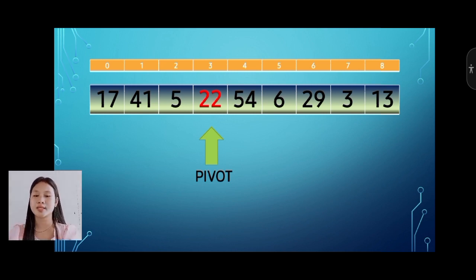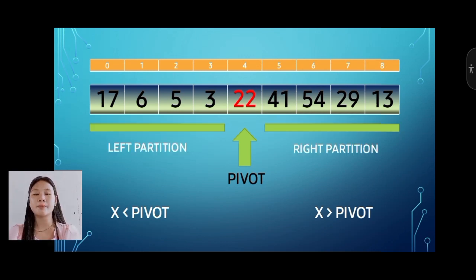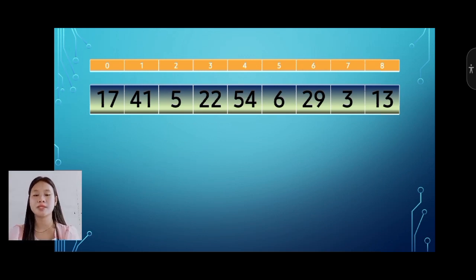Another term is partitions. The left side of the pivot is the left partition and the right side of the pivot is the right partition. The pivot essentially partitions the array into two sub-arrays.